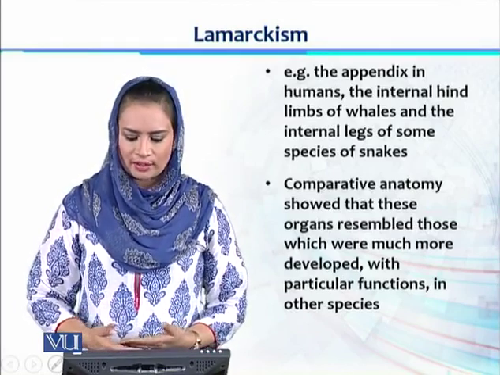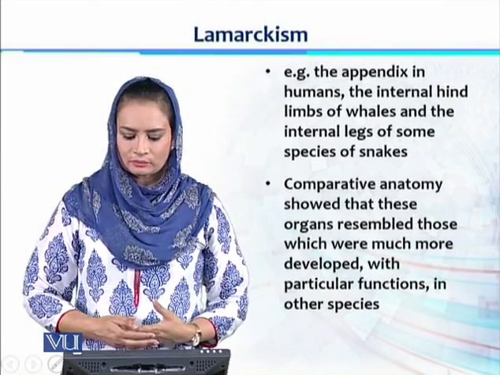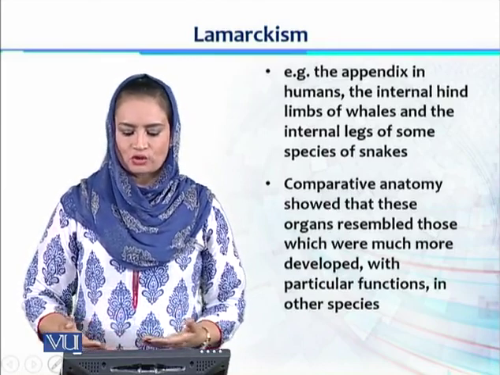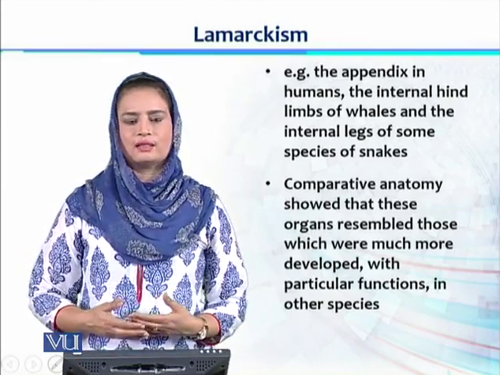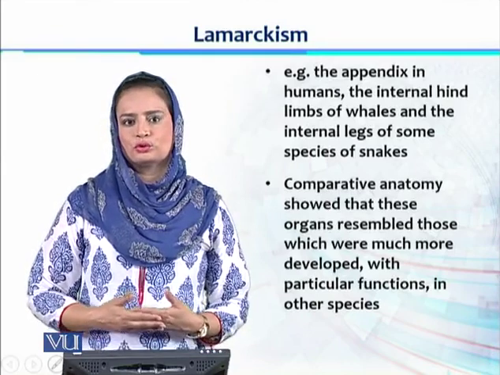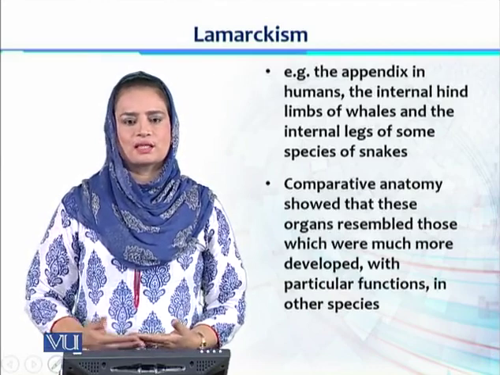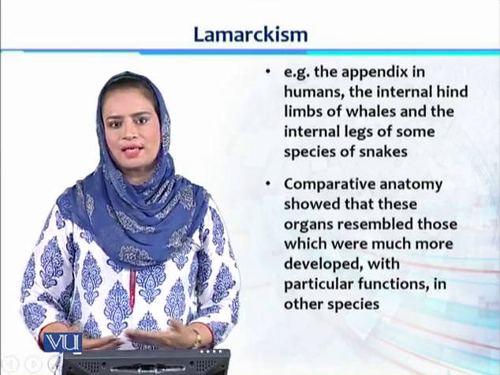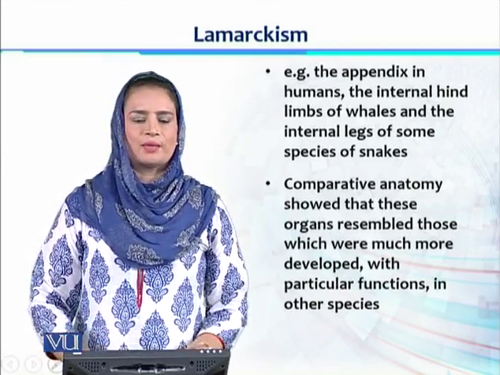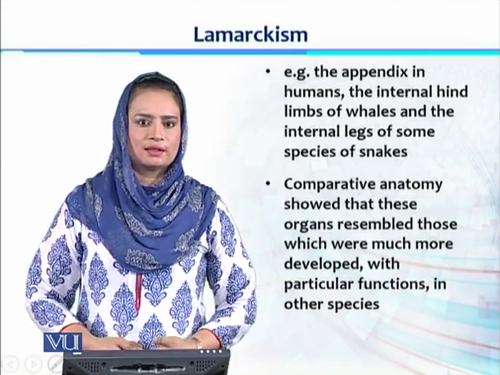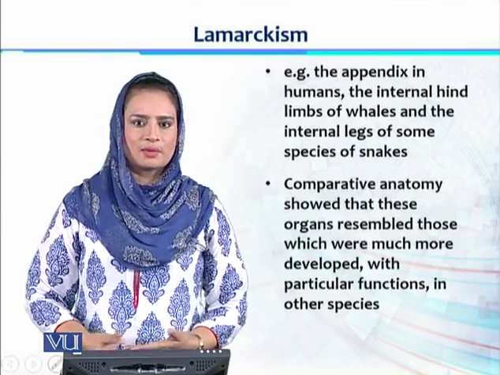a vestigial organ. And similarly, in comparative anatomy, they showed that these organs resemble those of species where these vestigial organs are still functional organs. For example, appendix is vestigial in humans, but appendix is functional in other ruminants and other mammals.